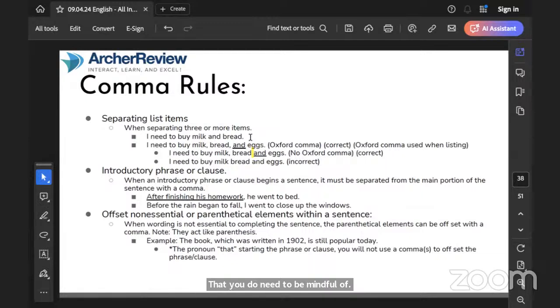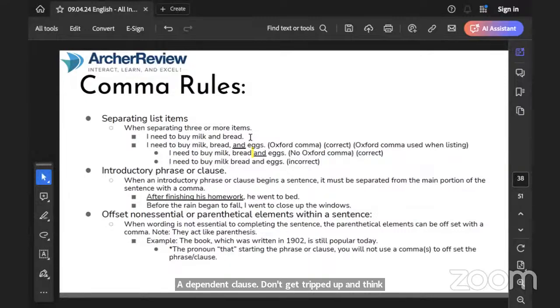So, for example, if I had the introductory phrase "after finishing his homework," that's an introductory phrase. It's actually not a dependent clause. Don't get tripped up and think that that's a dependent clause.